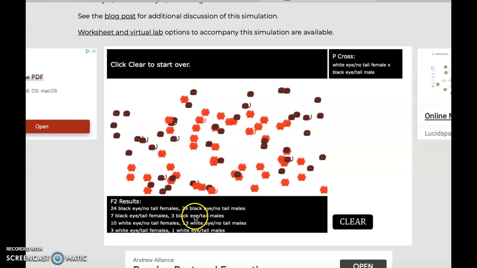You add the two together to get the total. And that should give us about 9/16 of the total number of progeny, and you have to calculate that. And then 7 and 3 are 10, 10 and 13 are 23, and then 4 are recessive for both. And so these should work out to be a 9:3:3:1 ratio if we're dealing with Mendel's laws.